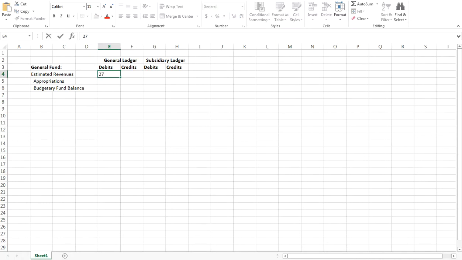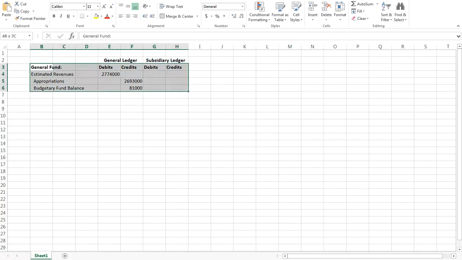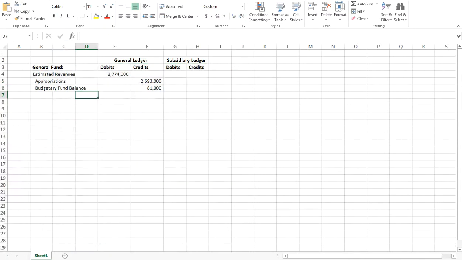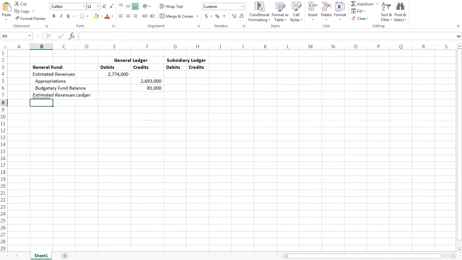Our estimated revenues are $2,774,000. I'll go back and add my commas. Our budget appropriations are $2,693,000, and we have a budgetary fund balance of $81,000. I have no entries for this one in my subsidiary ledgers, so we don't have to worry about that. Now, in my general fund, my estimated revenues ledger, I'll be so glad when you start working in the practice set, because I think that's really going to help you tie all this together.